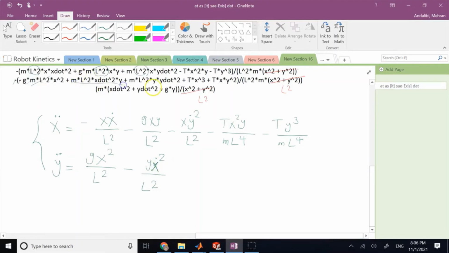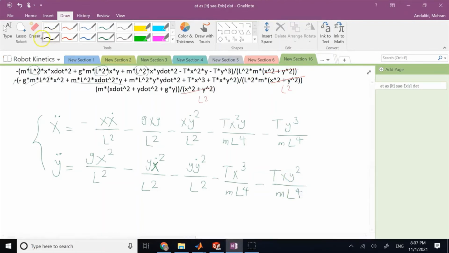It's the second term. The third term is negative y dot squared over L squared, negative t x cubed over m L to the 4, and negative t x y squared over m L to the 4.